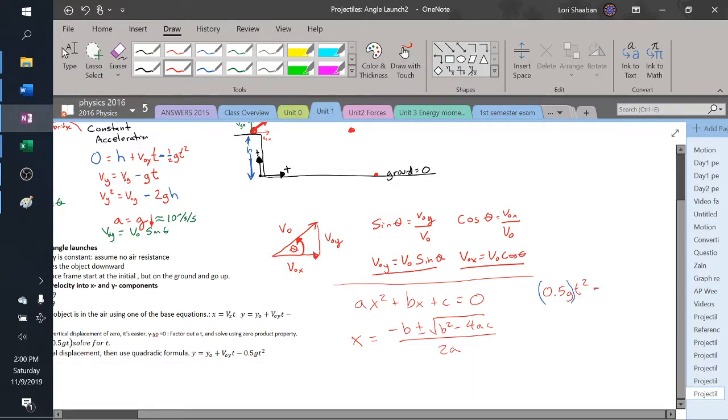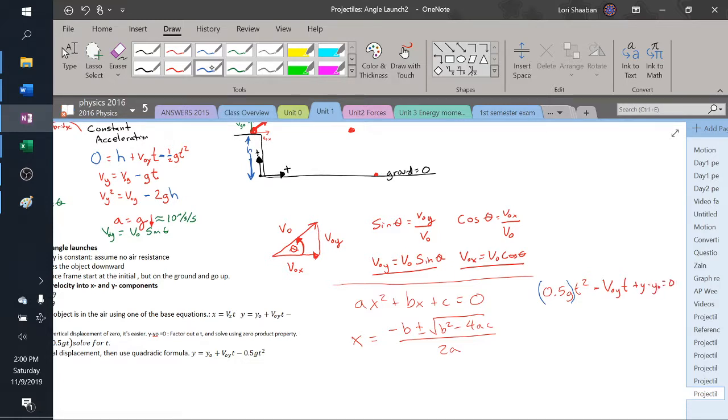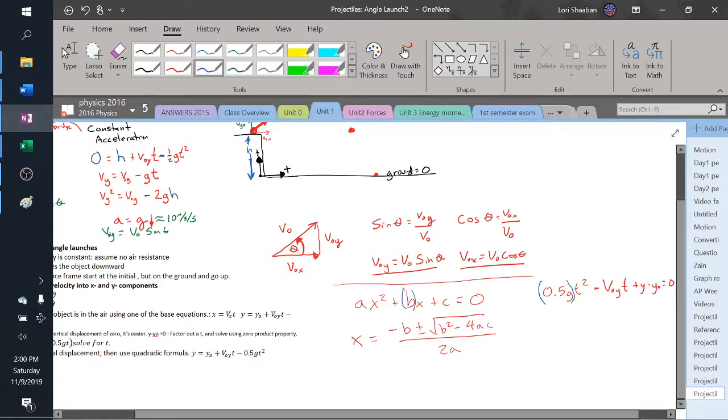Then I'm going to say minus v naught y t, and then plus y minus y naught equals 0. So let's figure out what that b term is here. It'll be a negative, so let's say plus negative. And then the c term, that's going to be y minus y naught. So a equals a half of gravity, b equals the negative velocity in the y direction, c equals the displacement.